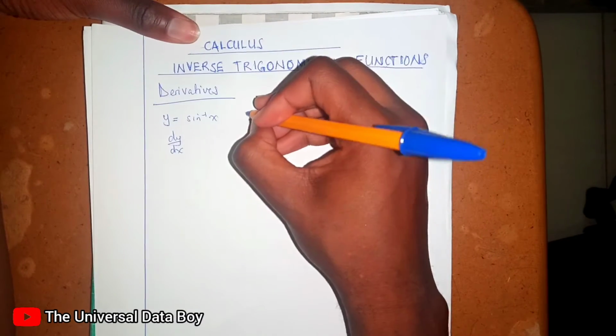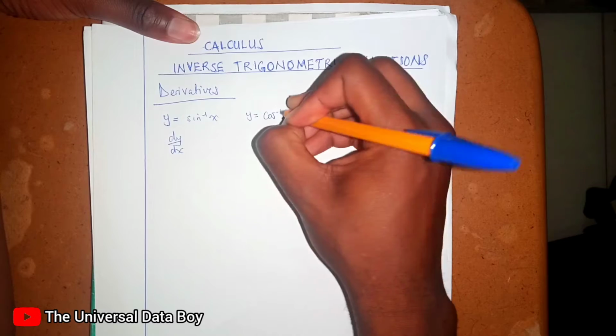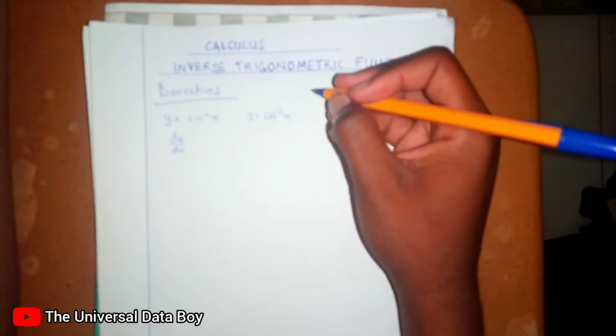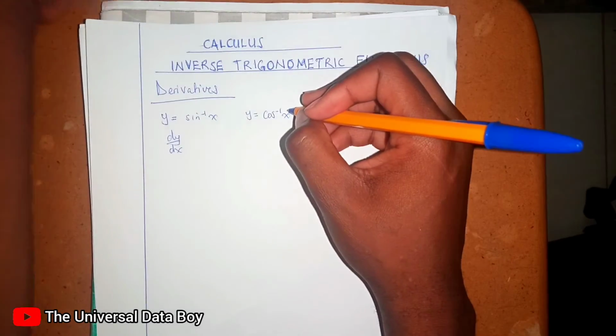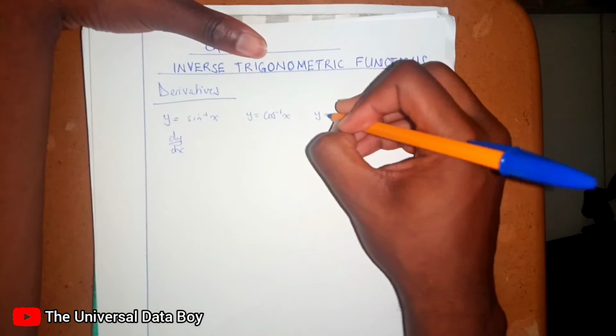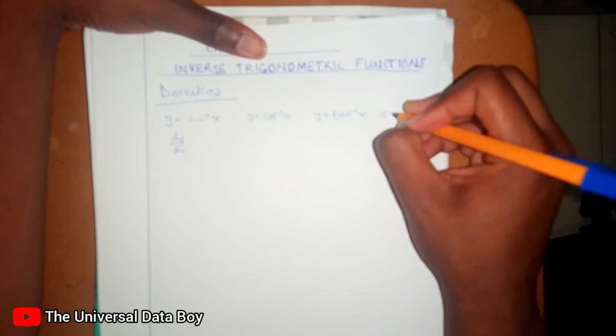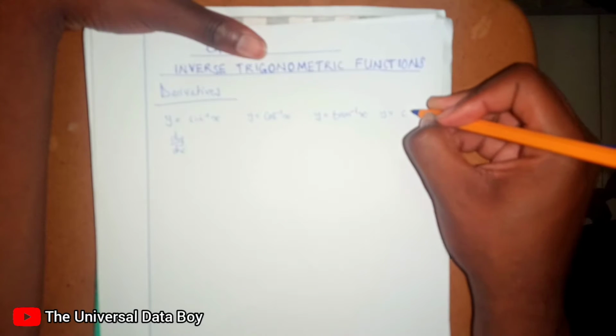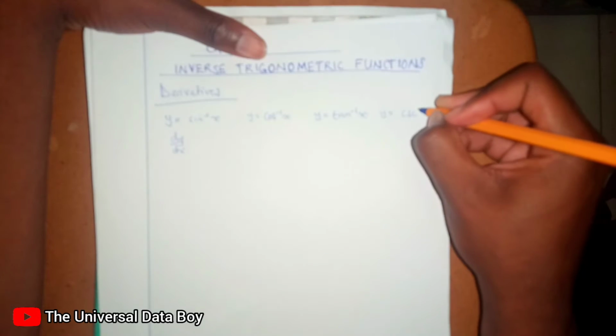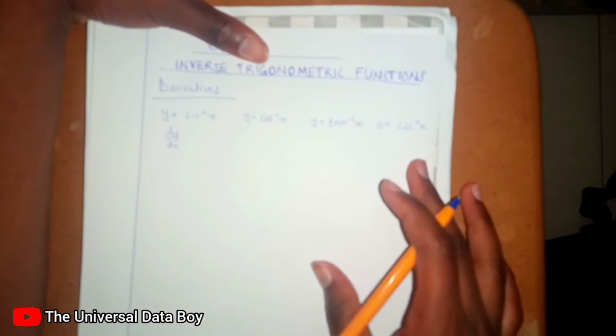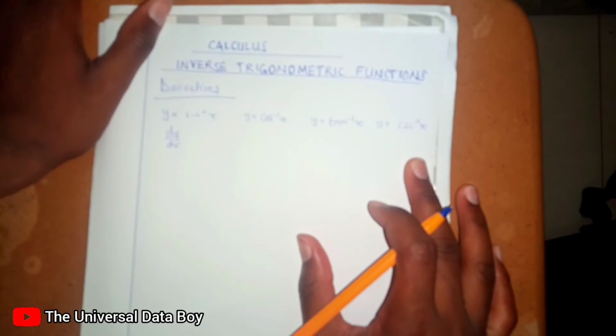Things like y is equal to cosine inverse of x. It's just a trig function, except it's to the power -1. Others are tan inverse of x, or y is equal to maybe cosec inverse of x. As long as there's an inverse, it's an inverse trig function.